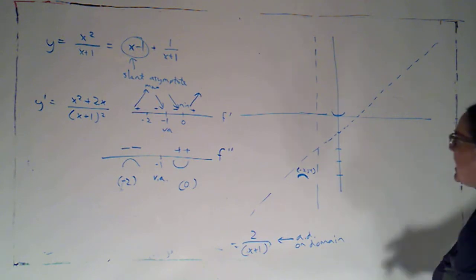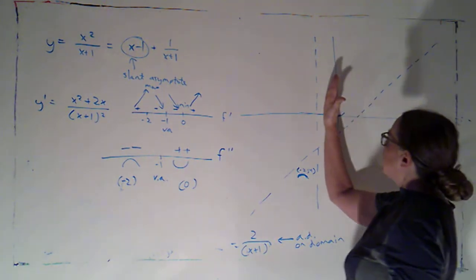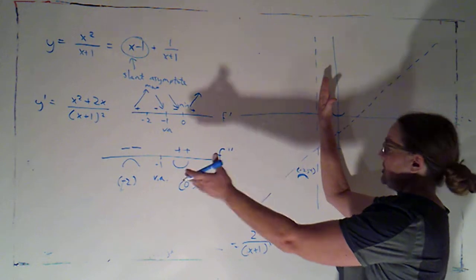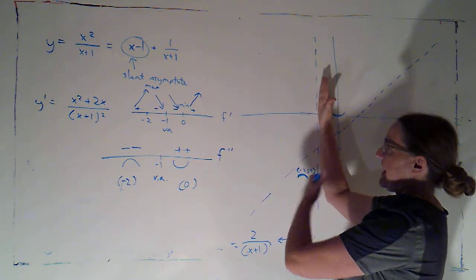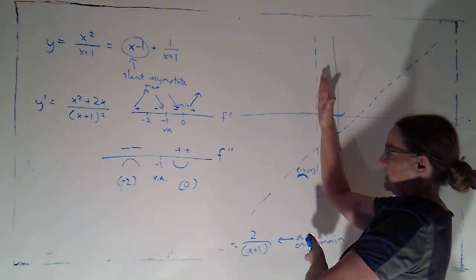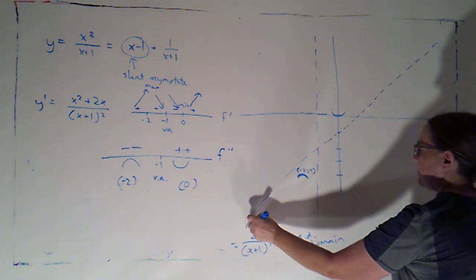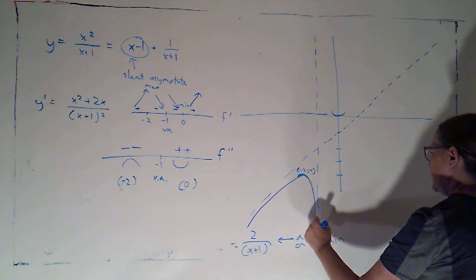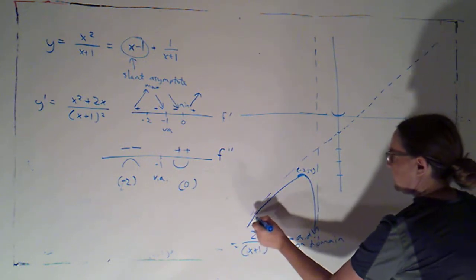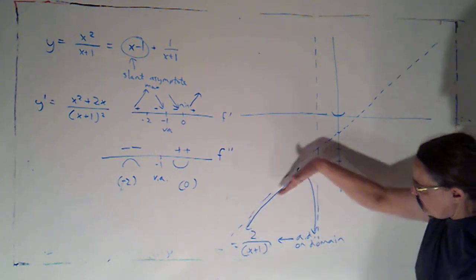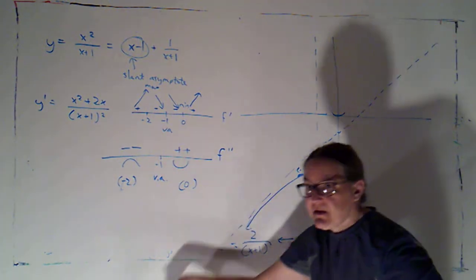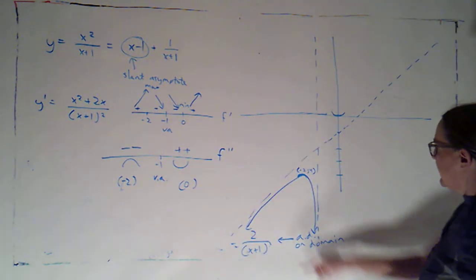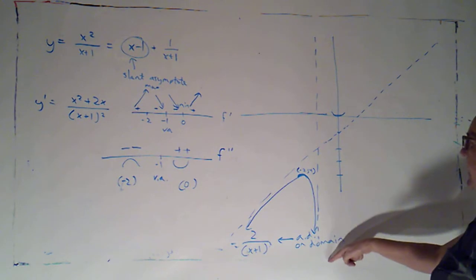Let's see. So the asymptote sort of divides the graph up into 2 pieces. So to the left of that, I've got to come up and then down, staying concave down. So I know I start out close to this slant asymptote. So I'm following that. That gives me my end behavior as I go far to the left. We come up to this maximum and then come back down.